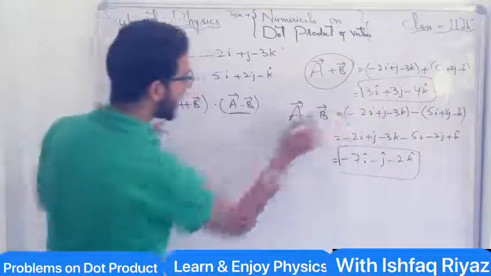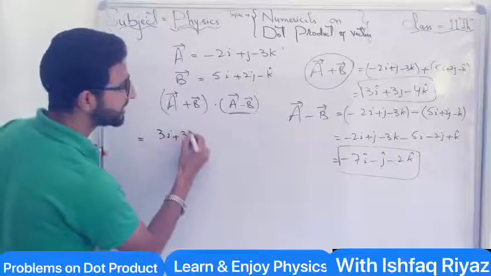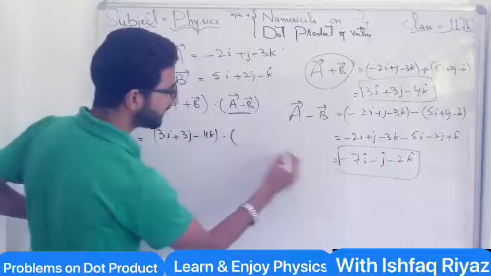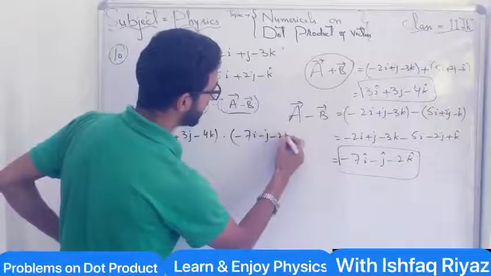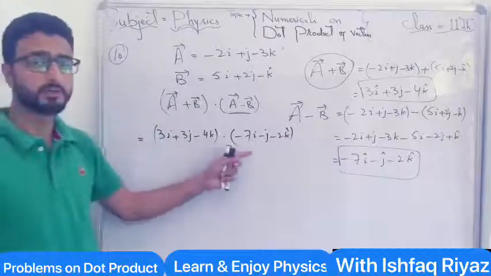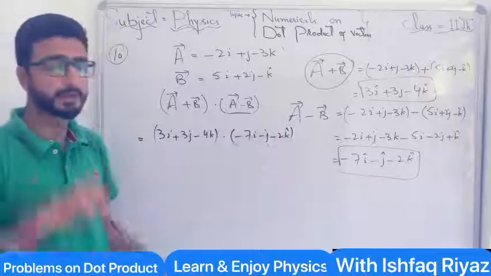So this is a plus b. In its place, what will I write? This is 3i plus 3j minus 4k dot minus 7i minus j minus 2k. And you know how to evaluate this very dot product. You have to multiply the corresponding coefficients of i, j and k and then add them.